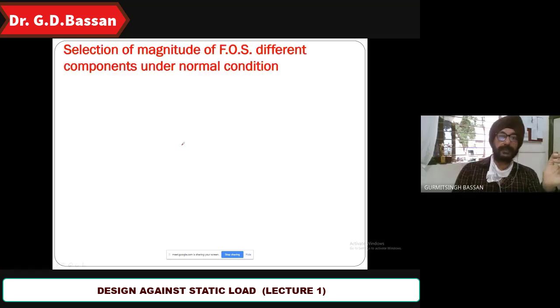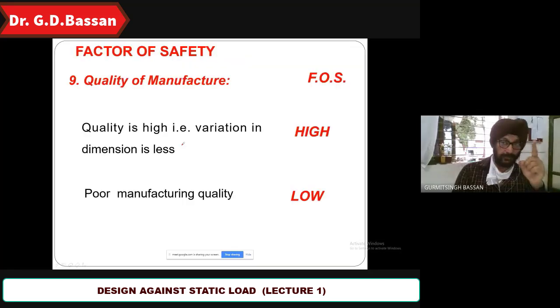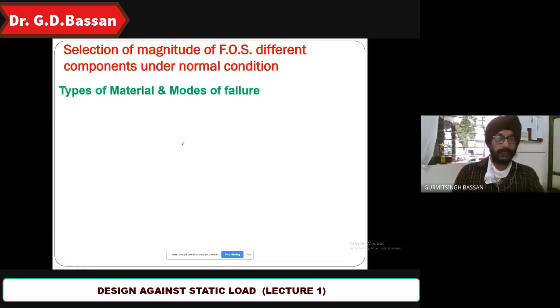So these are the various modes for using the factor of safety as low or high, depending upon the various conditions. Now, the selection of the magnitude of the factor of safety for different components under normal conditions. That is, which are the types of materials, what are the modes of failure, and what should be the value of the factor of safety.